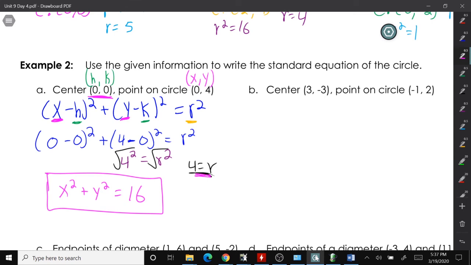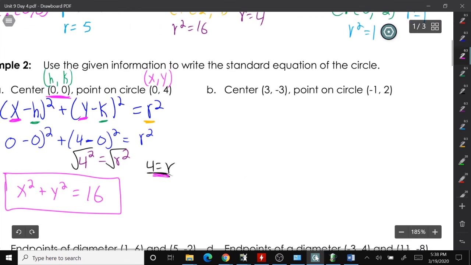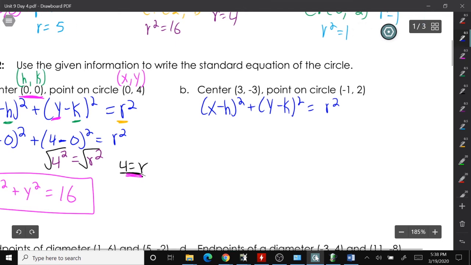It's kind of hard to see this actually when you are dealing with a center at 0, 0. So in letter B, we will see this probably easier. So again, the equation of a circle and we need to figure out what the radius is.